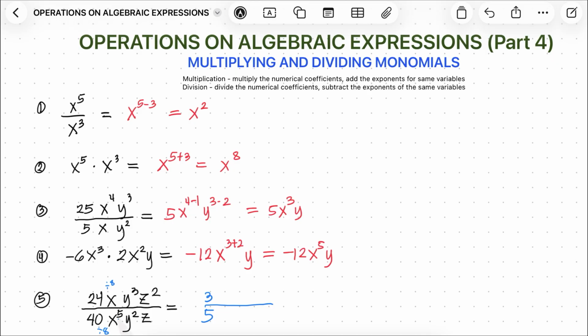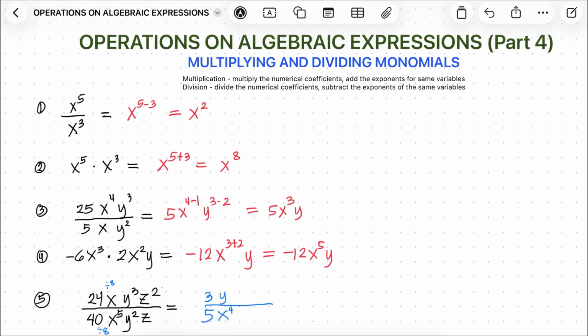So since x raised to 5 minus 1 will be x raised to 4, I will be putting it down here because it's where the higher exponent is. Next, y raised to 3 minus 2. So y raised to 1, I will put it up here because that's where the higher exponent is.